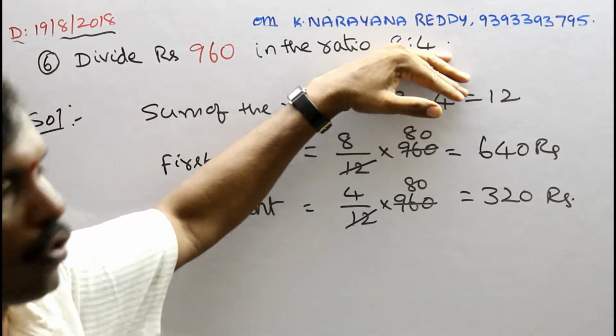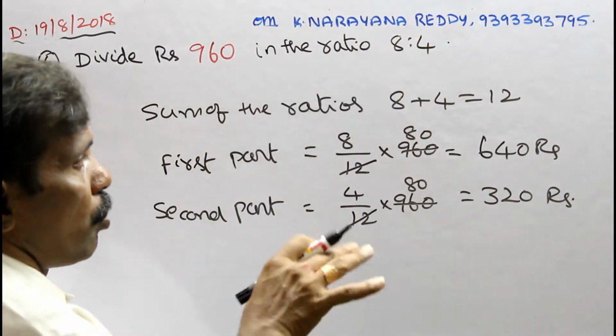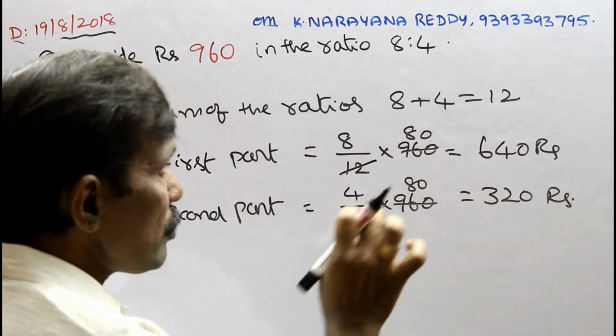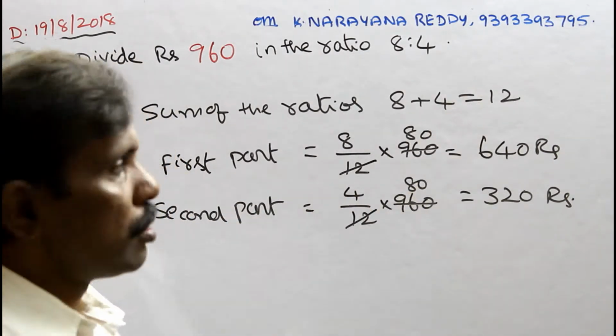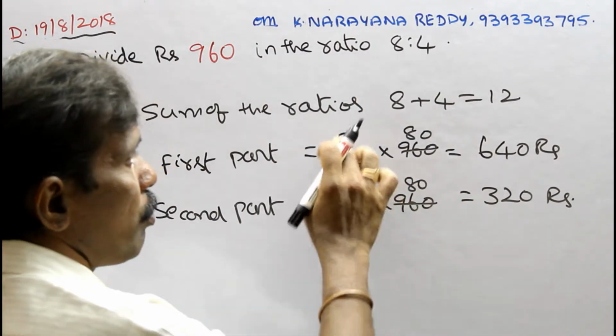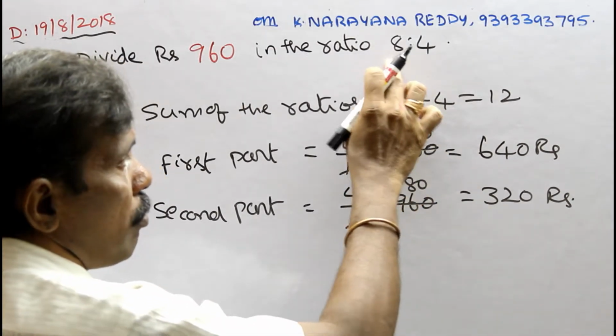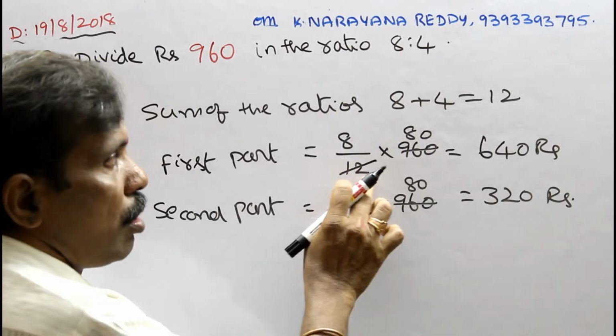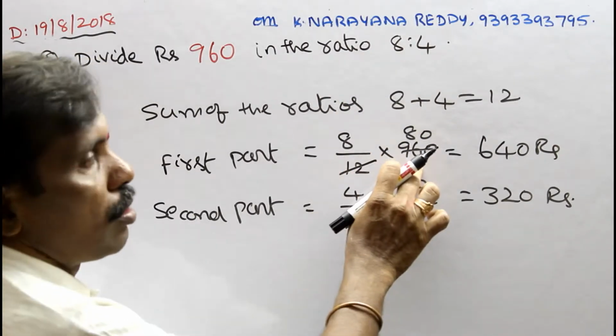So in this way you can divide the amount in the ratio 8:4. The important point is that you have to take the sum of the ratios, whatever it may be, 8 plus 4 or some others. After that you can do individual ratio divided by total ratio, sum of the ratios, into total amount. Okay.